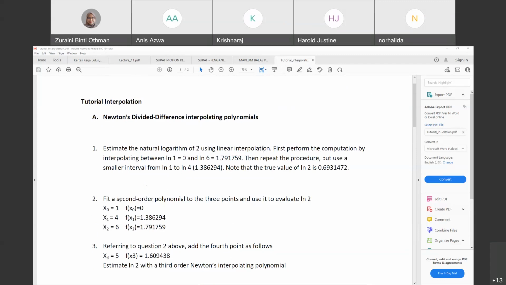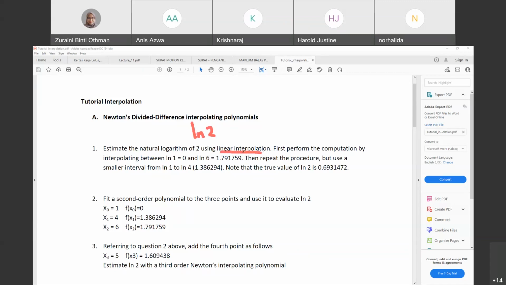Okay, now this is Newton divided difference. Estimate the natural log. Okay, kita cuba. Soalan satu ni lebih kurang sama dengan contoh soalan semalam. Estimate the natural logarithm of 2, which means estimate ln 2 using linear interpolation.